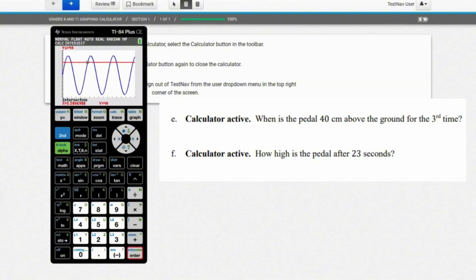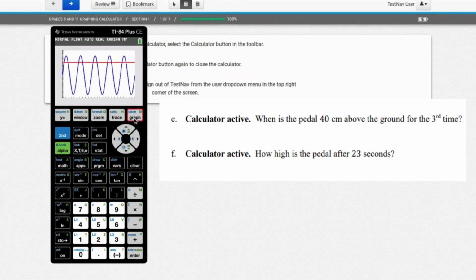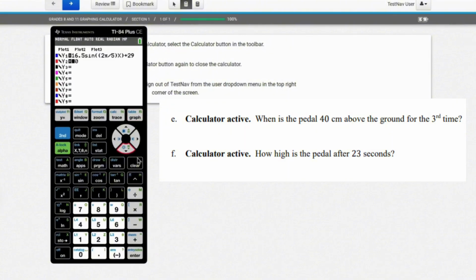F is asking us how high is the pedal after 23 seconds. So here's the thing. We only moved out to 16, so let's change our window to X max of 25. All right. We don't need this second equation anymore, so let's get rid of it. Clear, clear. And we'll do second, trace, and put in our value at 23.